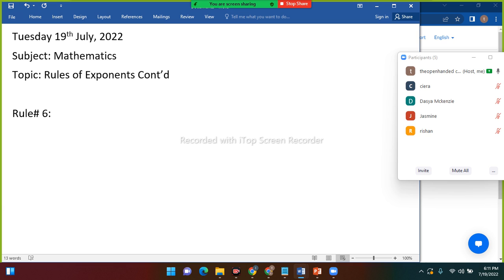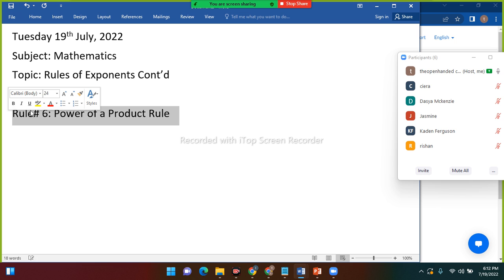The next one is similar to the power rule, but it's another extension of the power rule. We call it the power of a product rule. And the reason is because if you look at the rule, it involves a product and it also involves the powers. Okay, so the power of a product rule.